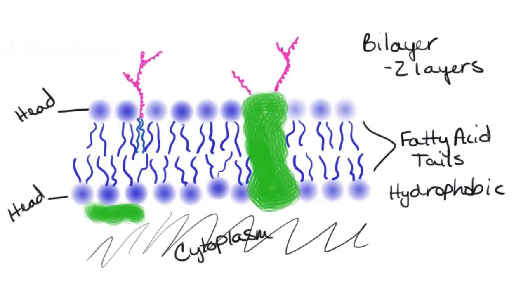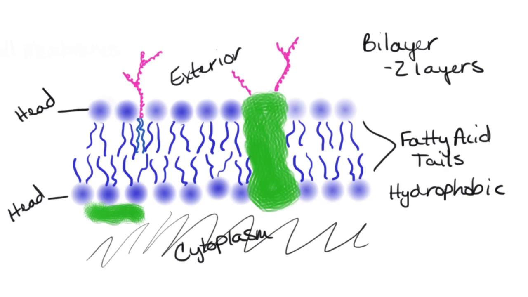Cytoplasm has a lot of water in it, so it is an aqueous solution, and notice that the hydrophilic part of the membrane, what would like water, is going to be exposed to that cytoplasm. And then on the top, which is going to represent the exterior of the cell, there's very likely going to be a lot of water surrounding that as well.